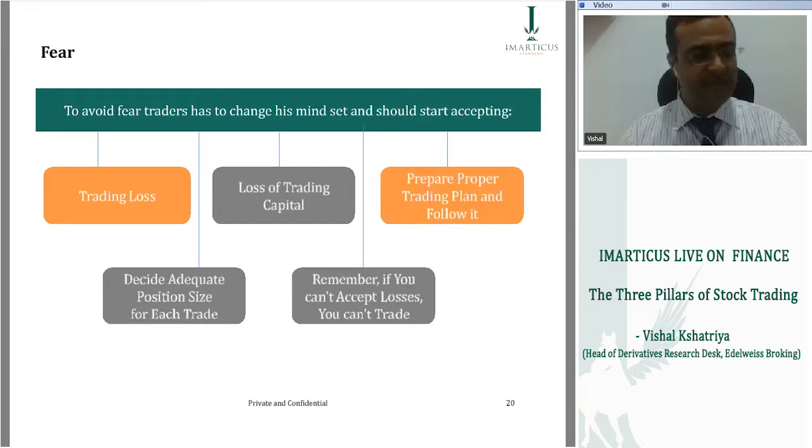No. Same way, when you're buying a stock, when you're investing, when you're trading, come with a mindset that okay, I'm buying, I'm investing in a stock in capital markets. It's not necessary that every time I'm going to make money. I may lose. Out of 100 rupees invested, I may lose 20 rupees. I may lose 30 rupees.